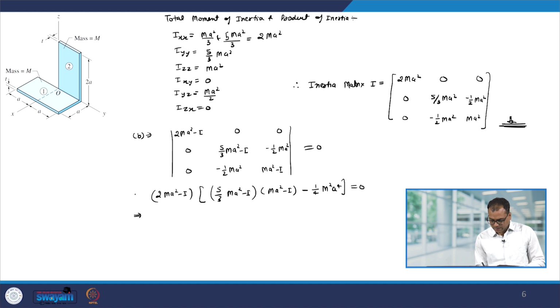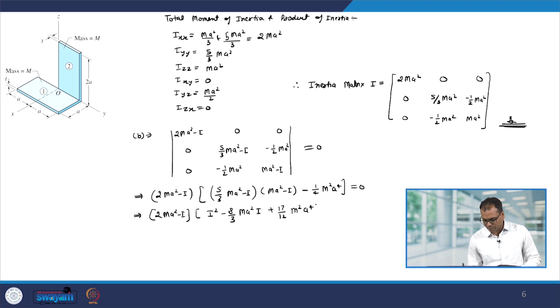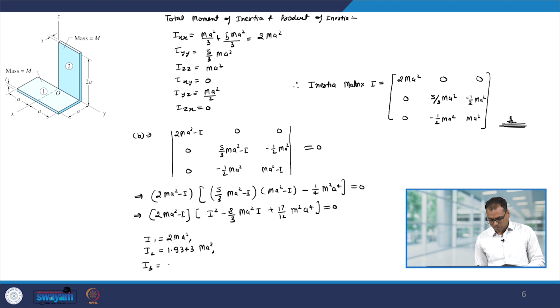So, this I can rewrite as 2 m a square minus I into I square minus 8 by 3 m a square I plus 17 divided by 12 m square a to the power 4 is equal to 0, and this equation gives you the 3 values of the I. So, here I1 will be 2 m a square, I2 will be equal to 1.9343 m a square and I3 will be equal to 0.7324 m a square.